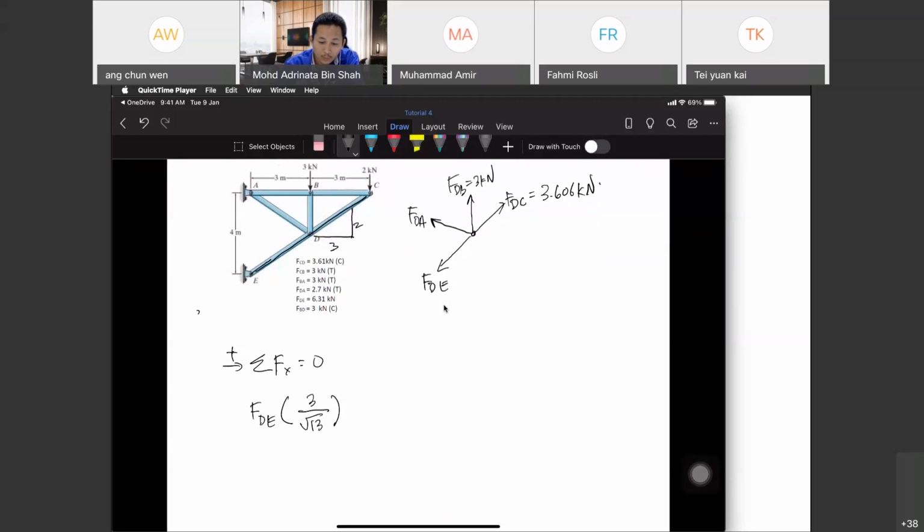Three to 13. Okay, it is the same. FDE to x direction, and then we have, sorry, FDE is that direction, okay? Minus FDC, FDC 3.606.